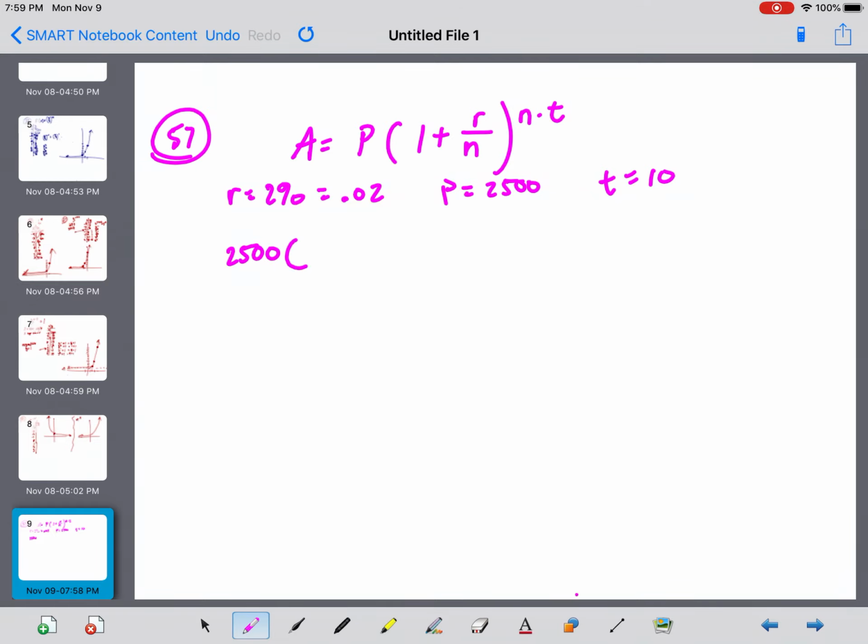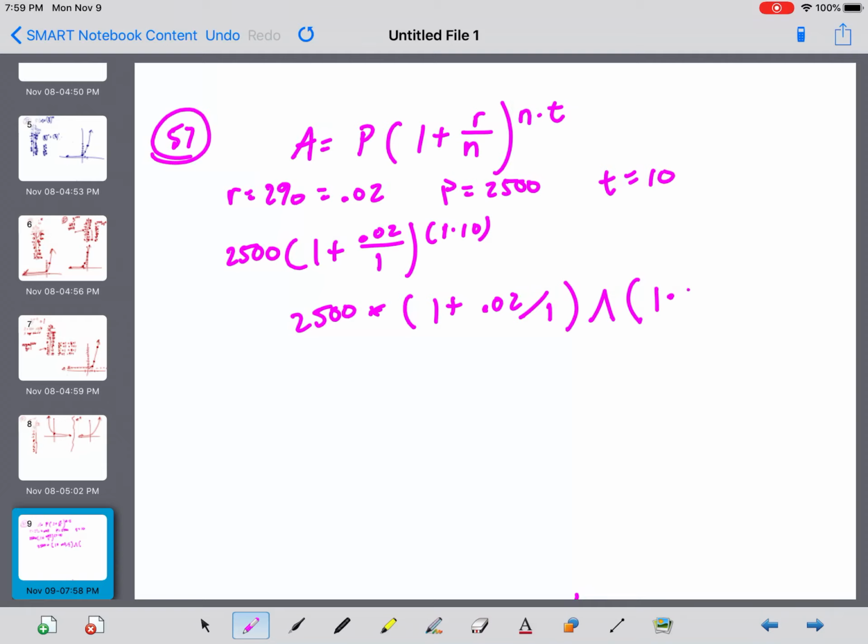We got to do 2,500 times 1 plus 0.02 divided by 1 raised to the 1 times 10 power. So, I mean, you can type this into your calculator. Here's what it's going to look like: 2,500 times parentheses 1 plus 0.02 divided by 1, close parentheses, raised to the parentheses 1 times 10.